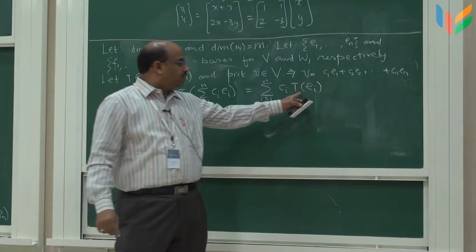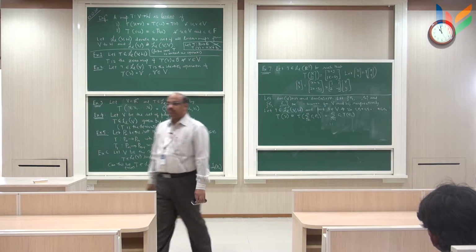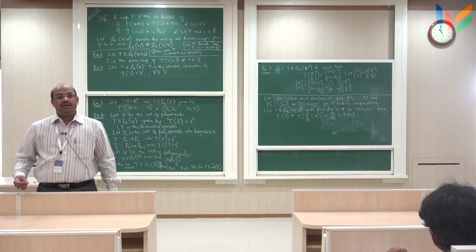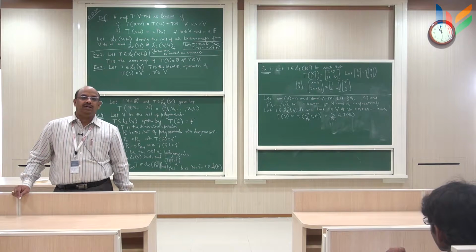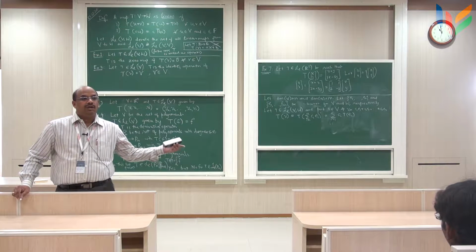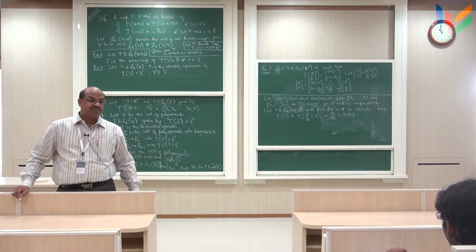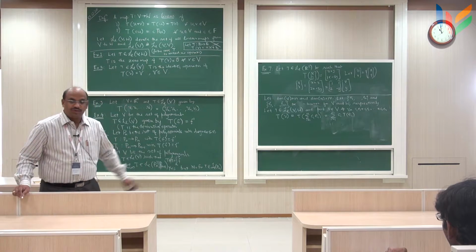Okay. Now, where is T of Ei? What is T of Ei? It's a vector in which space? W. So, now I can express that as what? A linear combination of F's, right?